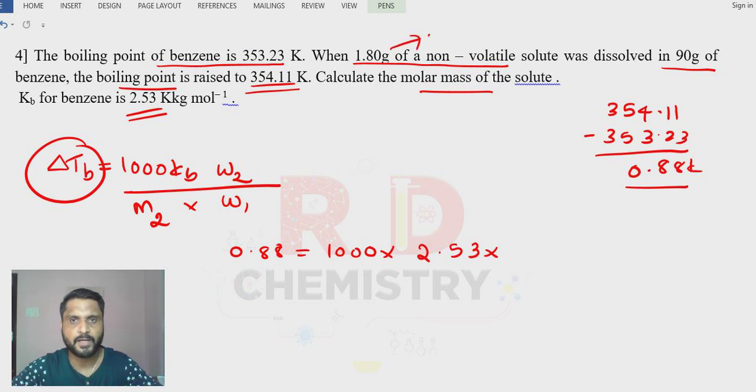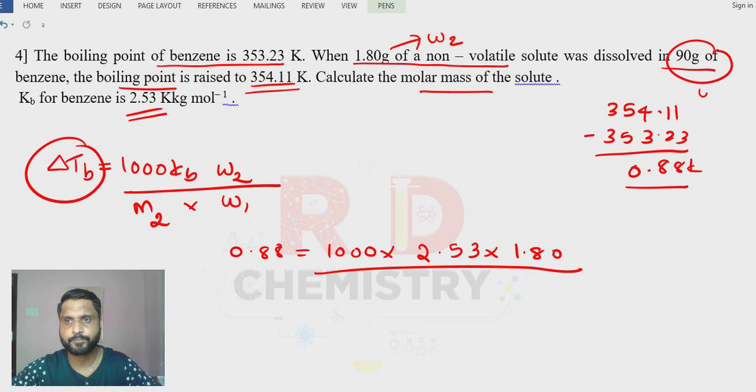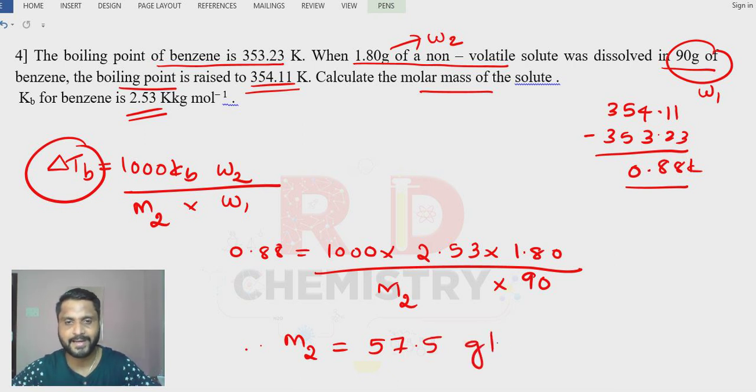W2 is the weight of the solute dissolved, that is 1.80, divided by W1. W1 is the weight of the solvent, that is the 90 grams given, into the molar mass we are supposed to calculate. So on calculation this molar mass comes to be 57.5, and what is the unit of molar mass? It should be in terms of gram per mole. Okay, right?